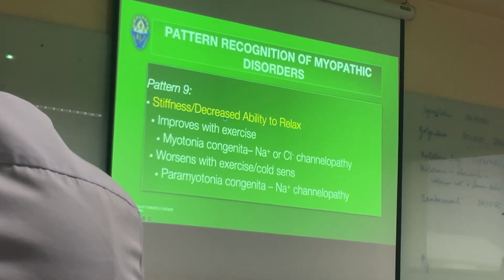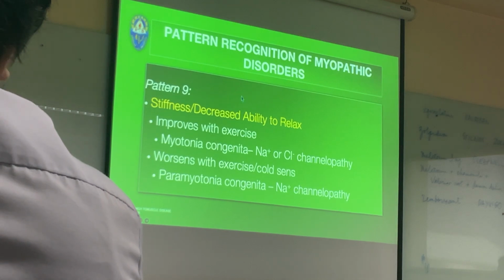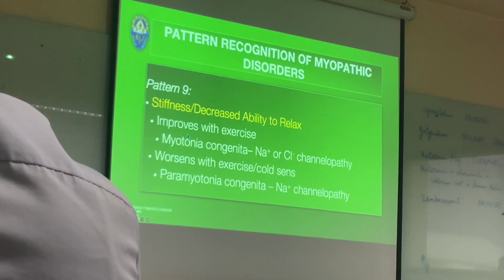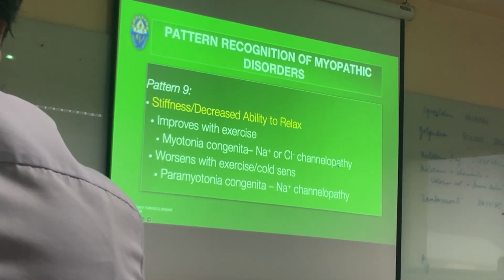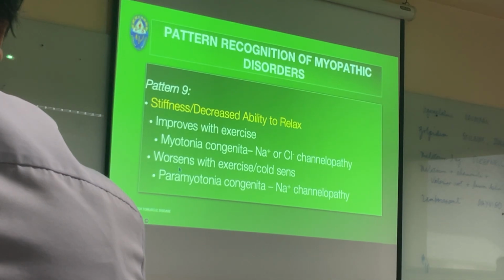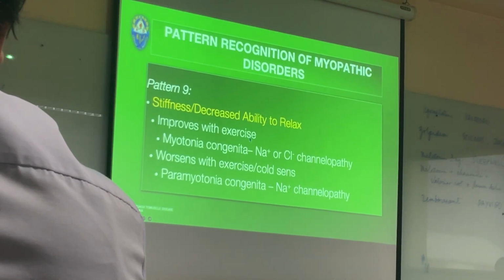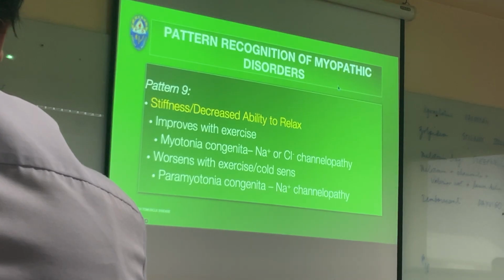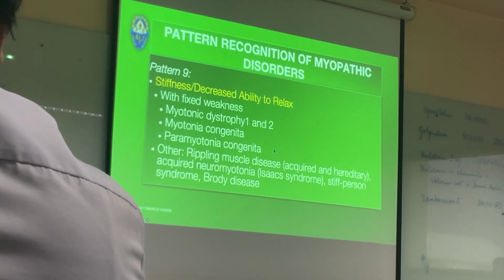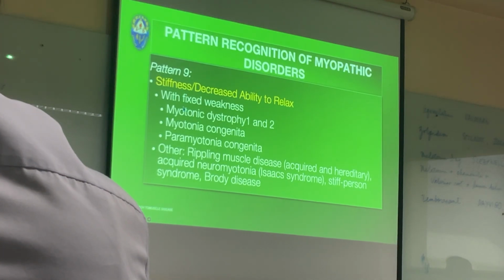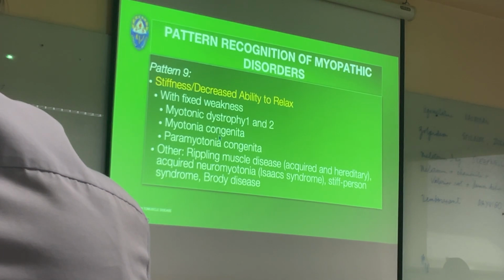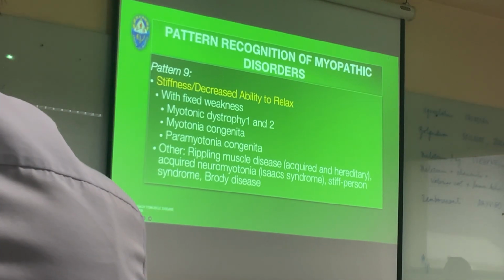Stiffness and decreased ability to relax. Which improves with exercise: myotonia congenita, which is a sodium or chloride channelopathy. Or something that worsens with exercise: paramyotonia congenita. So, stiffness, decreased ability to relax. Fixed weakness, myotonic dystrophy, myotonia. All of those are myotonia, because of decreased ability to relax. Clear?